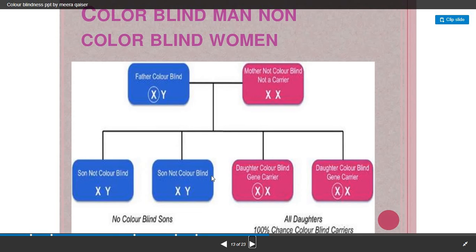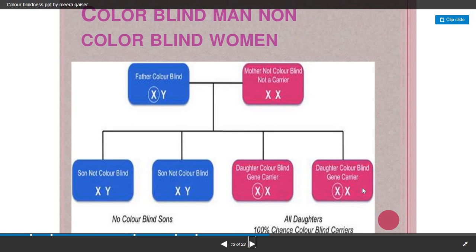Sons are colorblind? Daughters are carriers. All the daughters, that is a 100% chance, will be carriers, and whatever sons are born will be normal. So this is the first case I have explained, when the father is colorblind and the mother is a carrier.